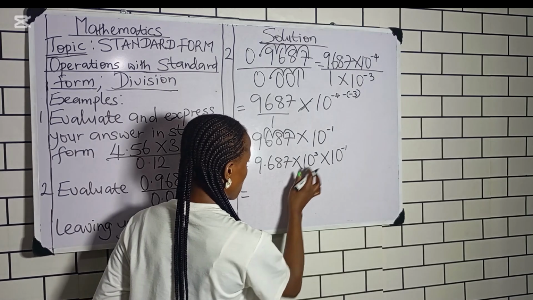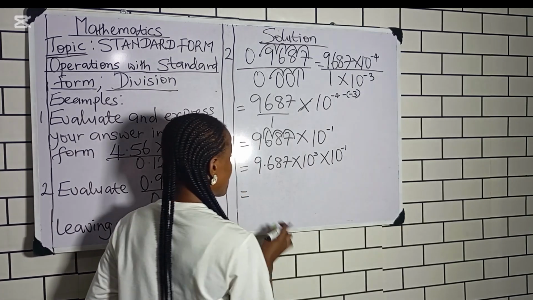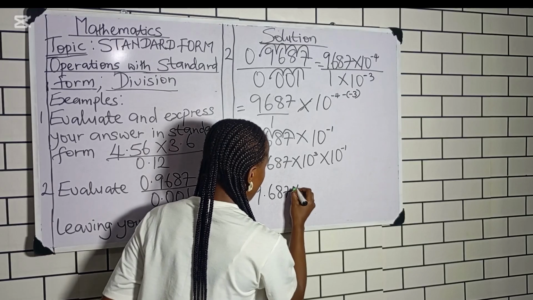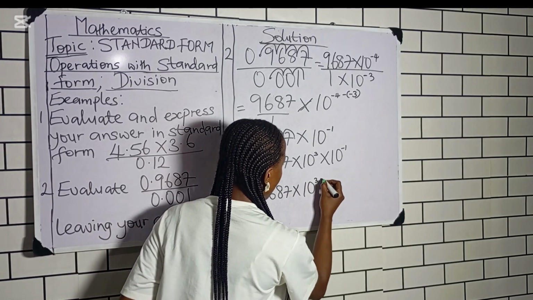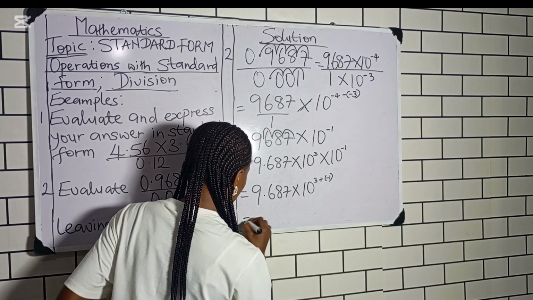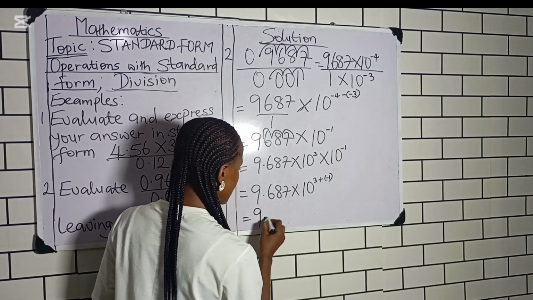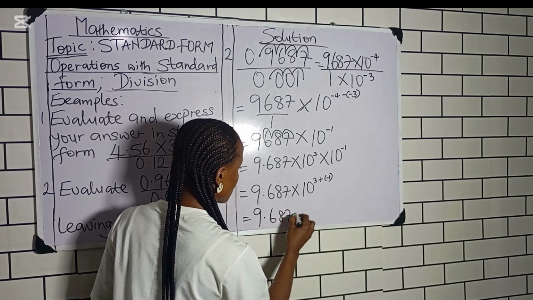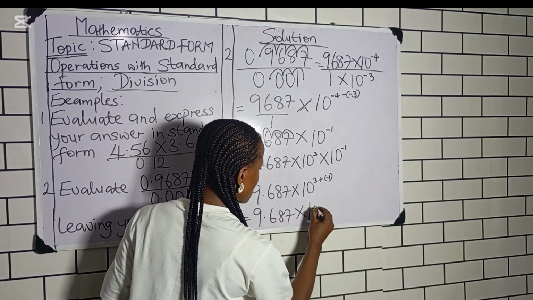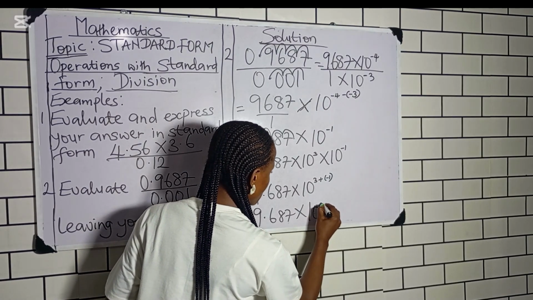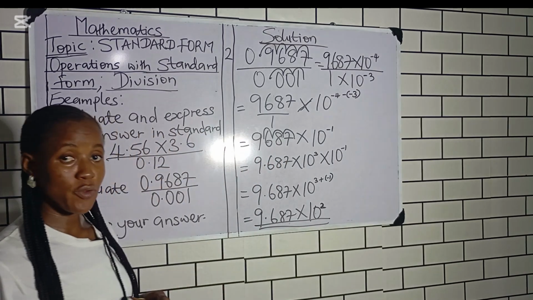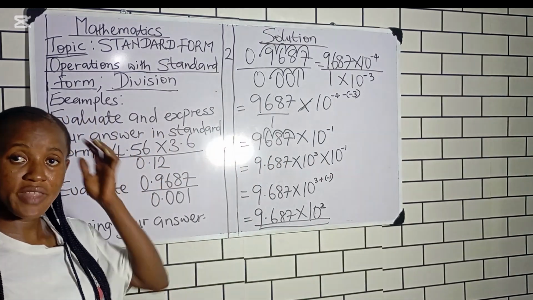This will give us, we add the powers of 10 here, 9.687 times 10 raised to the power 3 plus bracket minus 1. 3 plus minus 1 will give us 10 raised to the power 2. And this is our final answer for question number 2 under division.